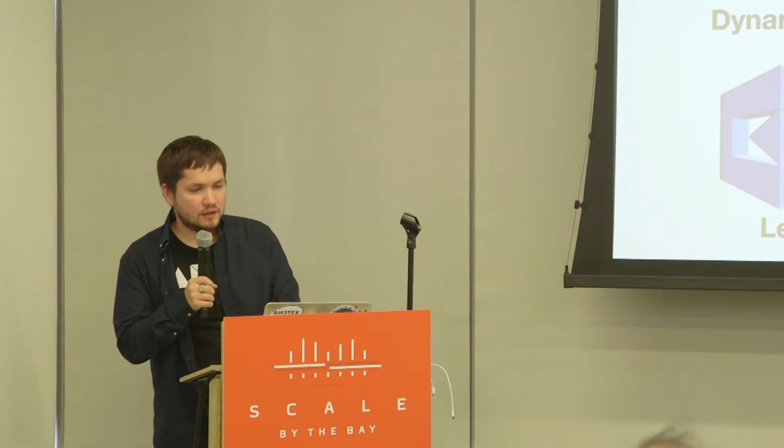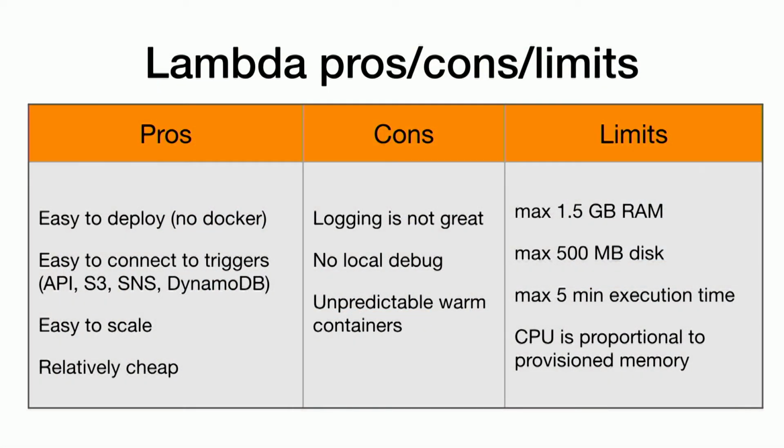So there are a lot of pros. It's very easy to deploy. You don't have to worry about any Docker or Apache or Kubernetes. You don't have to know about it. You just need to put your code inside. It's very easy to connect inside the AWS infrastructure.